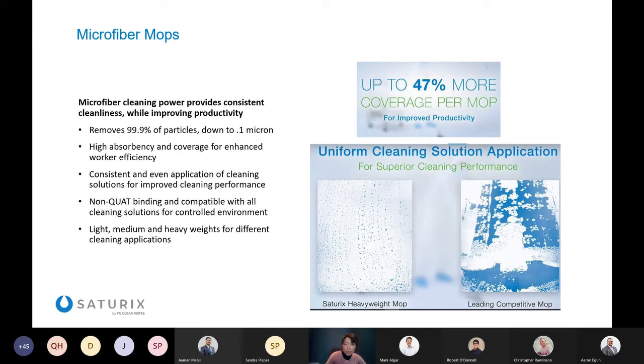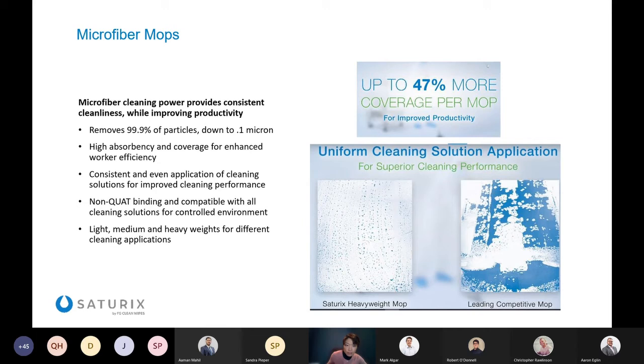Because our mop is so scientifically engineered, it can pick up a large amount of liquid. Not only that, it also has a very controlled release of the liquid onto the floor. The image at the bottom shows the difference in release pattern between our mop and a leading competitor mop.